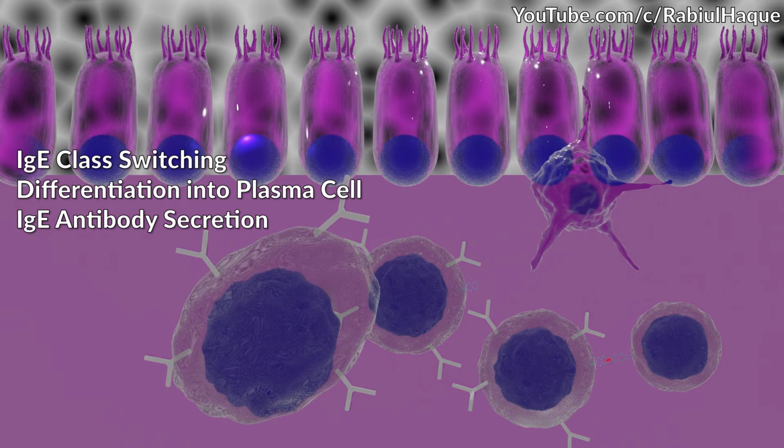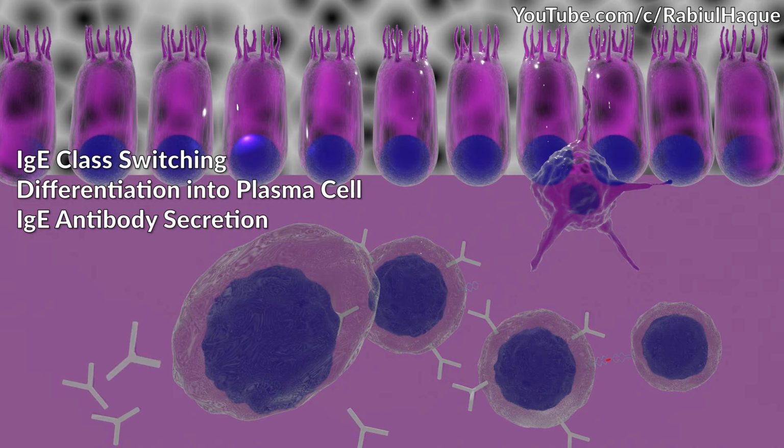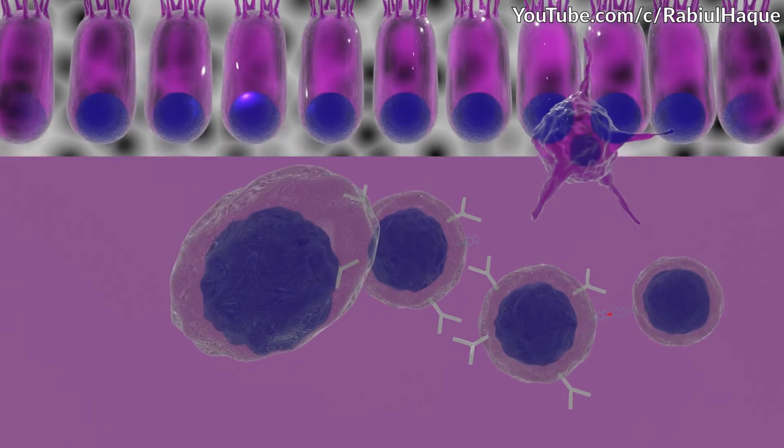So here we can see secretion of immunoglobulin E antibodies. Where will they go? They will go and bind with mast cell, because mast cells have receptor for Fc portion of immunoglobulin E, and that is known as Fc epsilon R1 receptor.